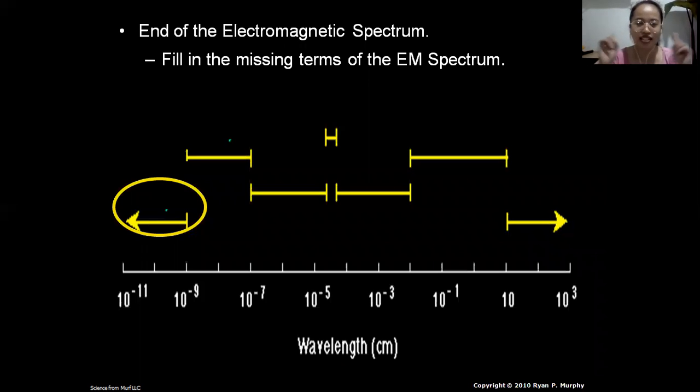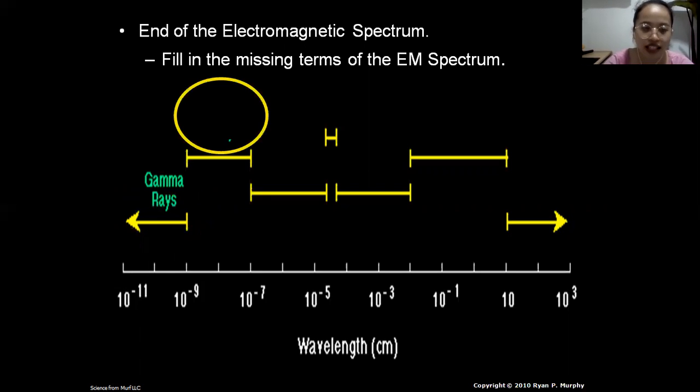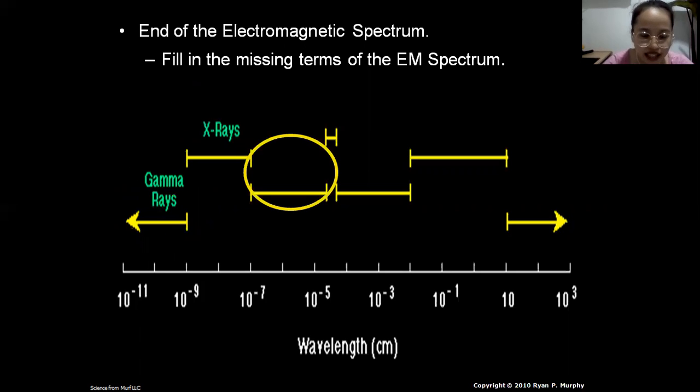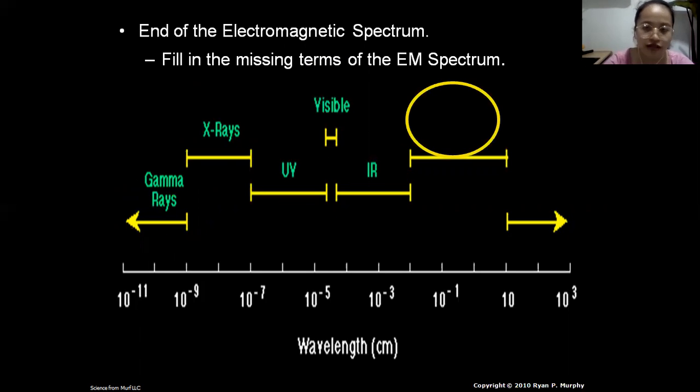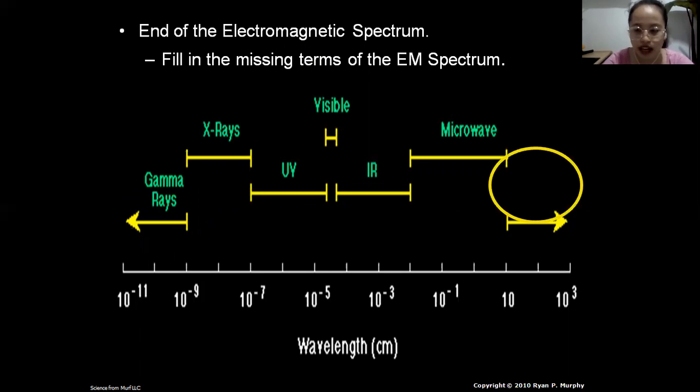So this time, this is your activity. Let's fill in the missing terms of the EM spectrum. Which part is this? Look at the number. Smaller, so it's the smallest number. Okay, very good. That is the gamma rays. Next, the X-rays, the UV rays, visible, the infrared, microwave, and the last one we have the radio wave.